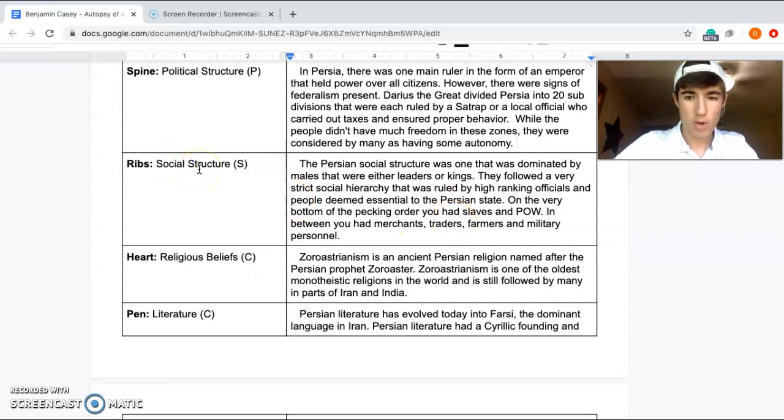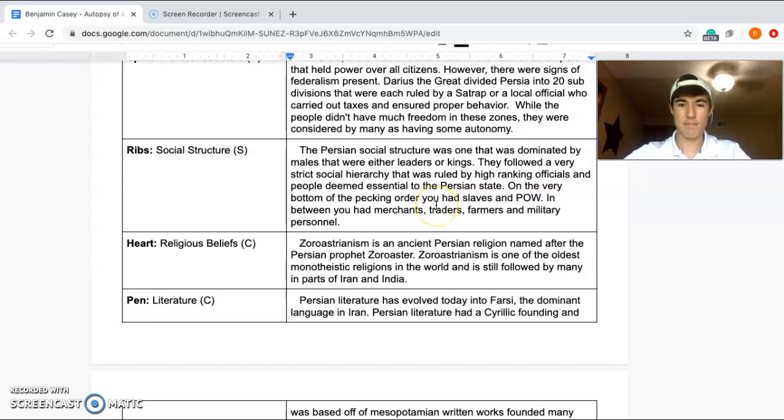Social structure for the Persians was obviously dominated by males and was headed up by leaders and kings. There was an obvious social hierarchy where it was kings, leaders, military, traders, merchants, farmers, and then of course at the very bottom you had slaves and sometimes prisoners of war. And so that was, socially, the hierarchy.